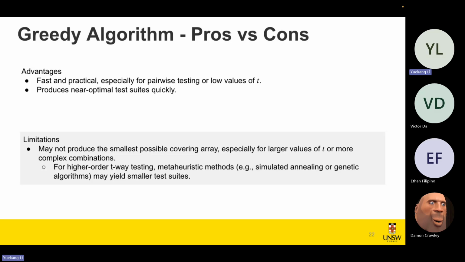But if we have a higher value for t, because the search space is much larger, we may not be able to get the best solution, and some meta-heuristic algorithms may get smaller test suites in this case. But we will not learn them here, and we will learn genetic algorithm for test generation in some later lectures.